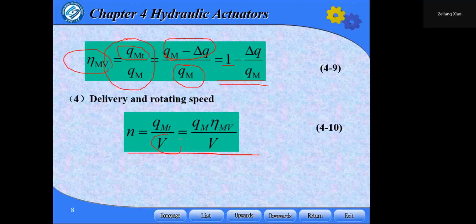This is the delivery, and this is the flow per second. So we can get the rotating speed.